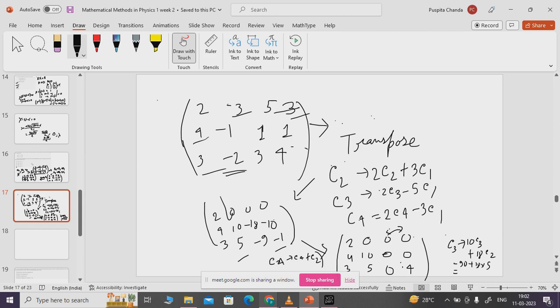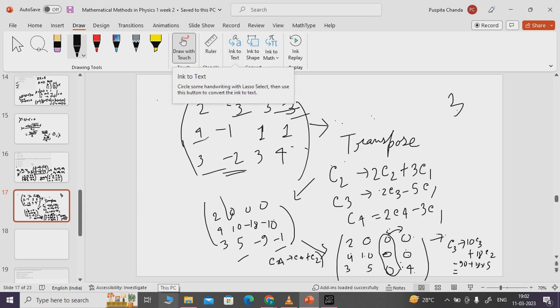So we can now do a column interchange. What you see is 2 4 3, 0 10 5 and 0 0 4, and one column has become 0. Then the number of independent column vectors is 3. Understand?